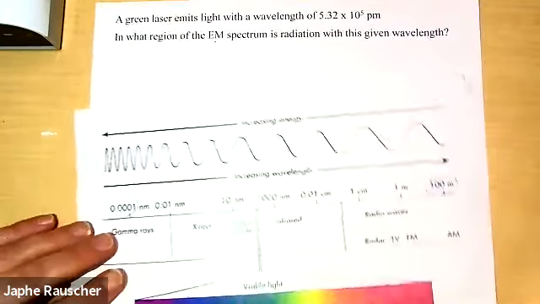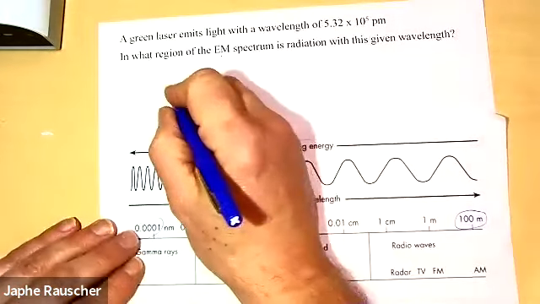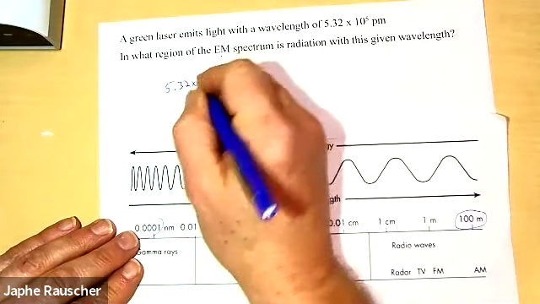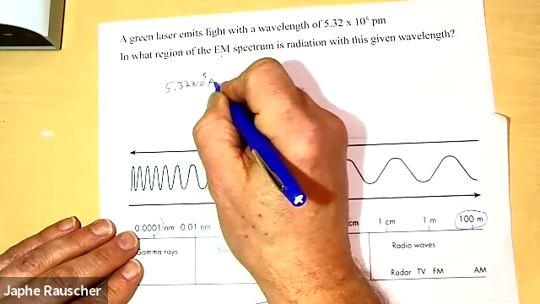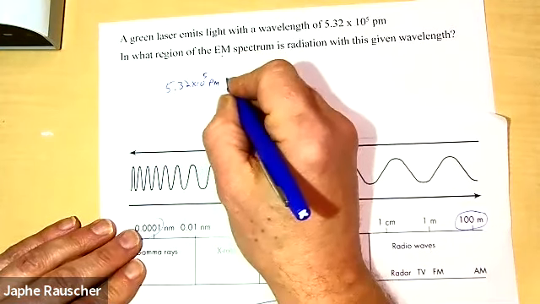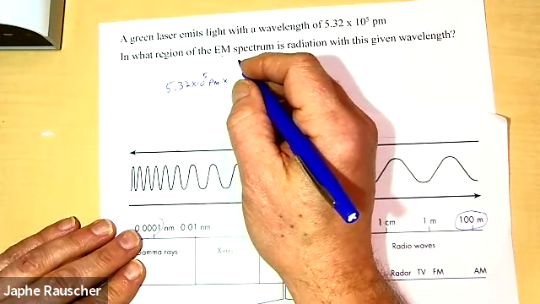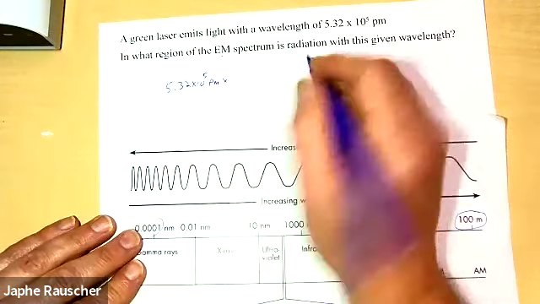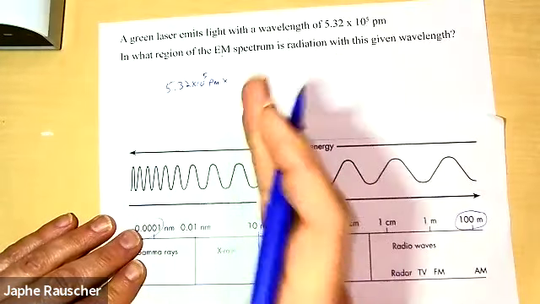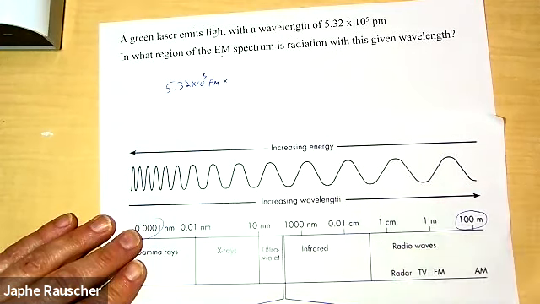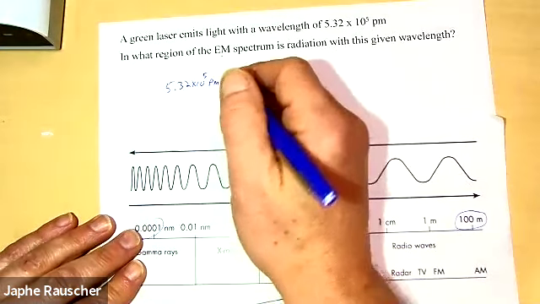So we will have to convert this wavelength at least to nanometers and see where we're at. In order to do that, let's take this 5.32 times 10 to the fifth picometers, and we'll multiply this by the conversion of 10 to the negative 12 meters per picometer. I usually will convert from whatever unit I'm in to the standard unit and then go to the unit that I'm looking for.